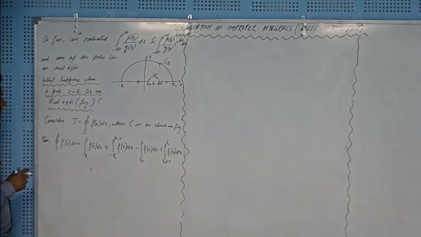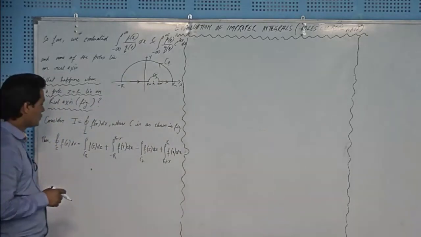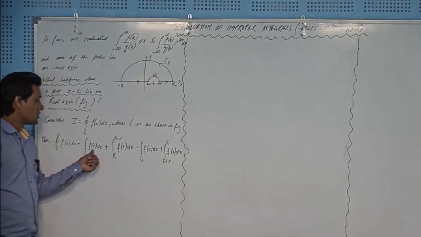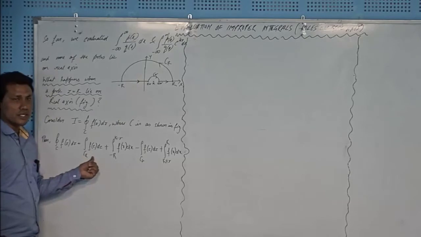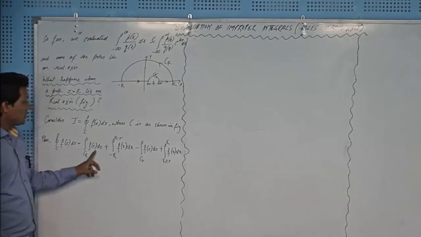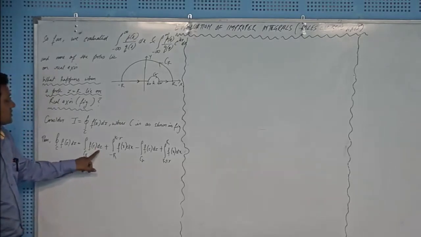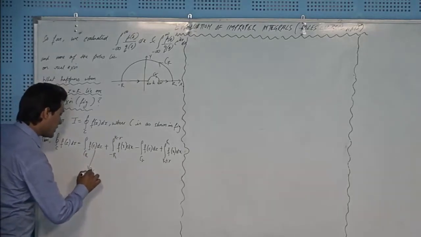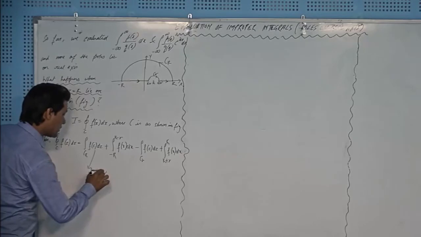Now, using Jordan's lemma or the estimation rule, when this function is of the form p z over q z, we can use Jordan's lemma if an exponential function is present beside it. So this will go to 0. You should know the reason, we have done it in our last two videos.